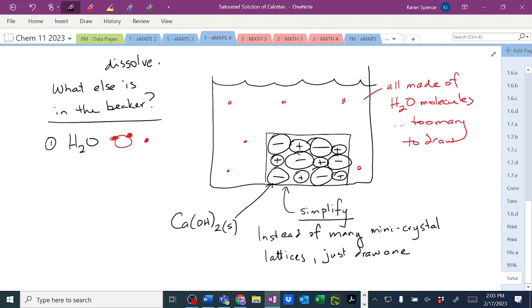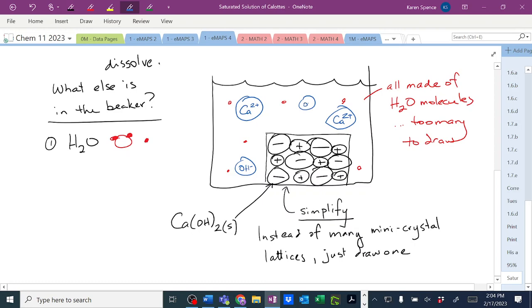So we're going to have individual calcium ions, Ca2+, and we will have individual hydroxide ions, OH-, floating around in our solution.